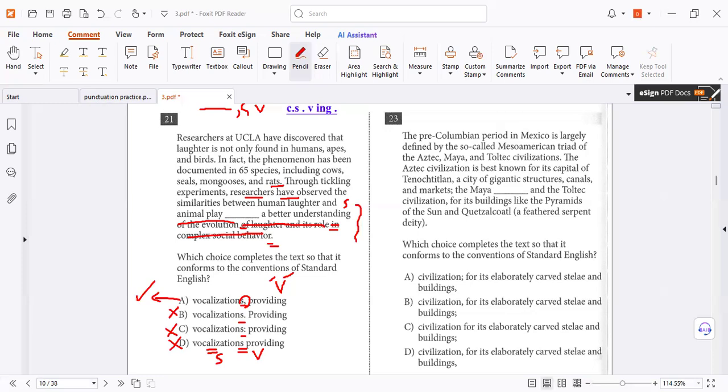Letter B. 23, it's a little bit correct, but we need to know why. We follow the rules.